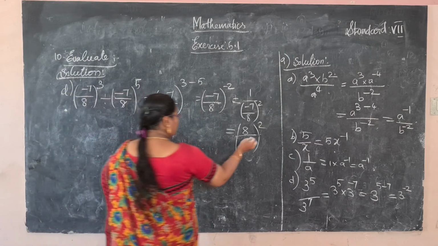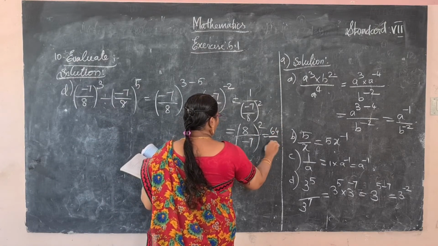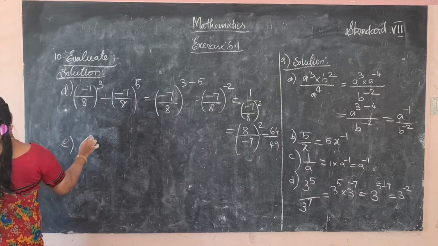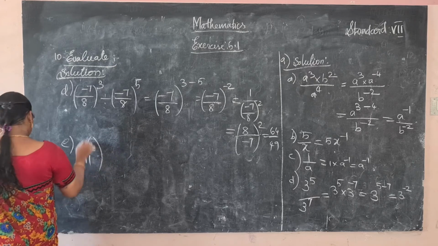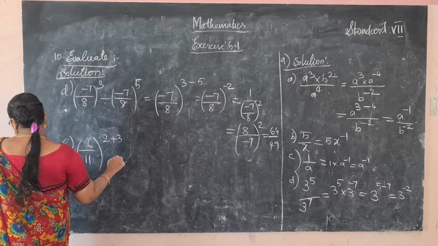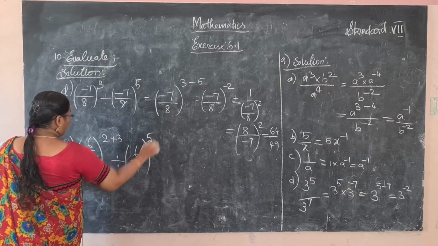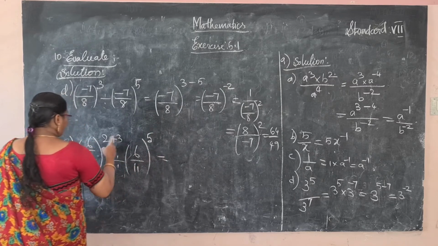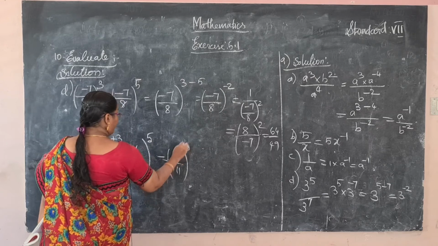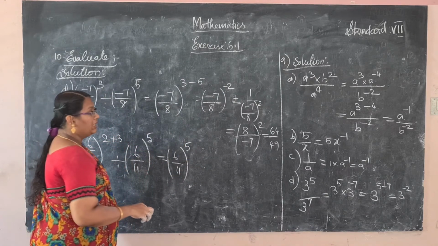And next one, evaluate means you will write the simplification. So 64 by 49. And then E, 6 by 11 the whole power 2 plus 3, divided by 6 by 11 the whole power of 5. So powers added, 2 plus 3 is 5, division is given, so we use the division law.